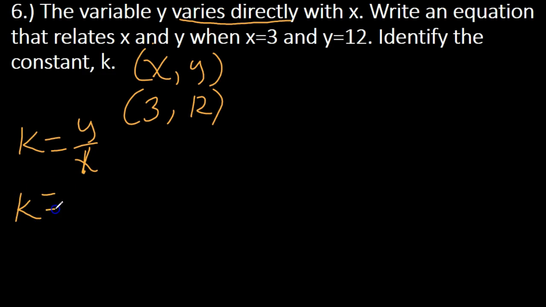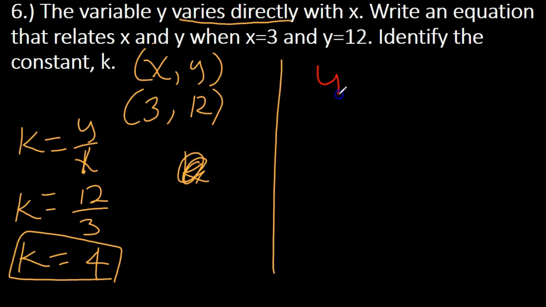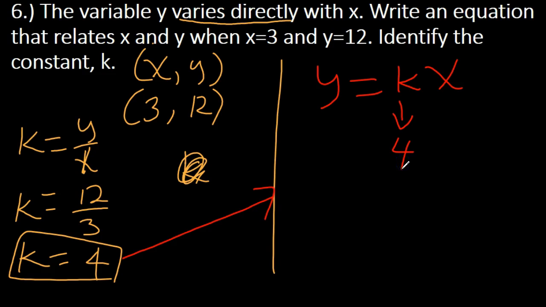So find the constant first. When y is 12, x is 3, so the constant is 4. Now we use this constant to write our equation: y equals kx. We substitute the k, which we found to be 4, so y equals 4x. That's the equation.